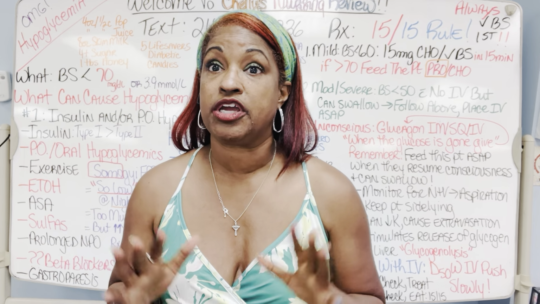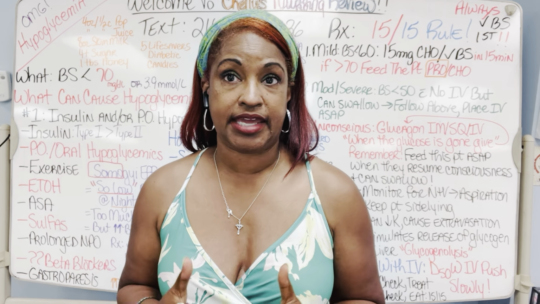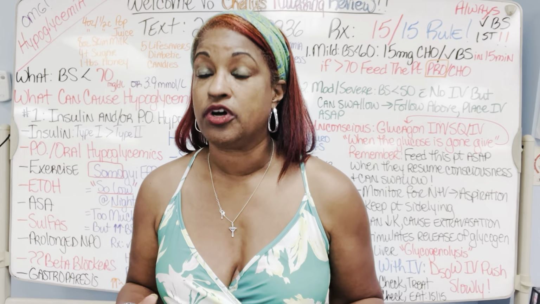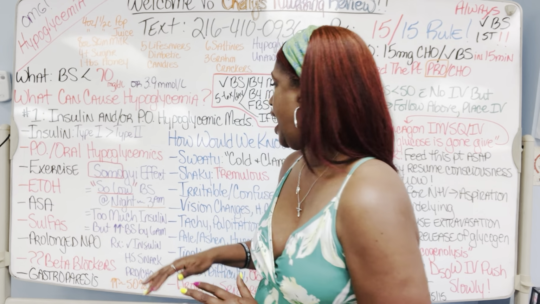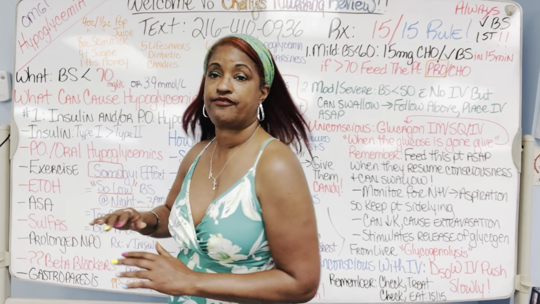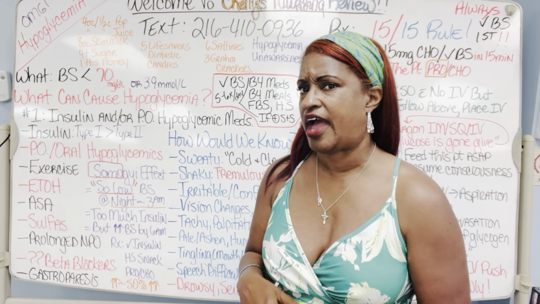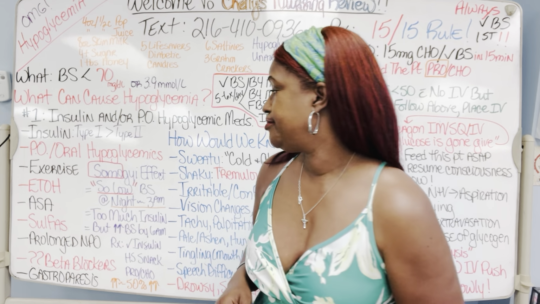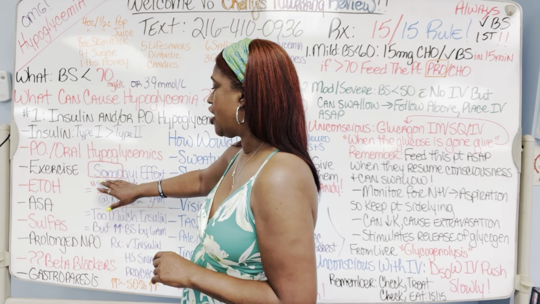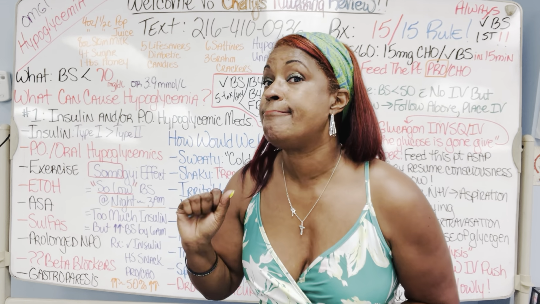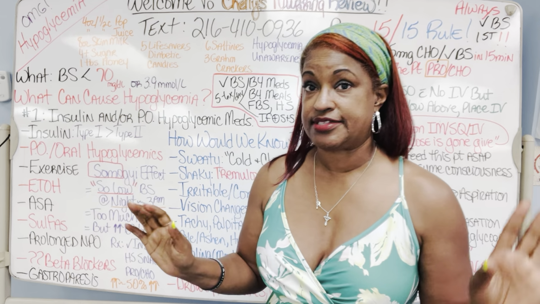But it's very confusing because they can't catch it if they're not careful. Here's what I mean by that. I said that insulin is often the number one reason why blood sugar is so low, and we've got this hypoglycemia. There is something called the Somogyi effect. Let me say that again.